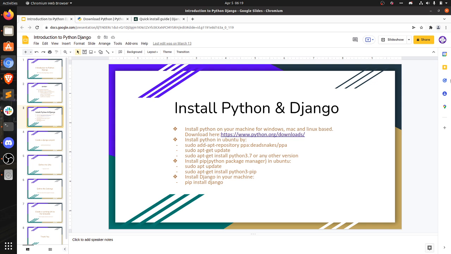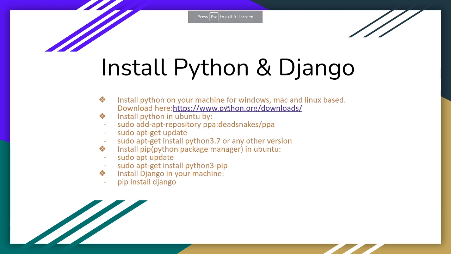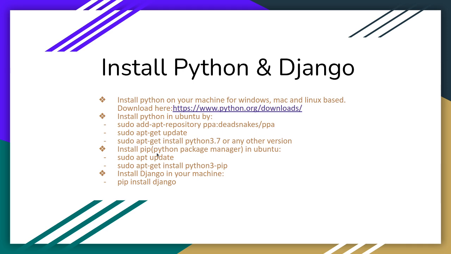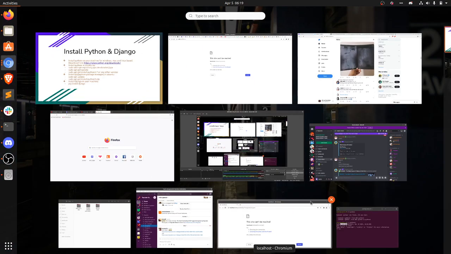So you need to have Python installed in order to build with the Django framework. If you are on Ubuntu, here are the steps to follow to install the version that you see is suitable for your machine. I have listed all these processes there, and after installing, you can go ahead and install Django.